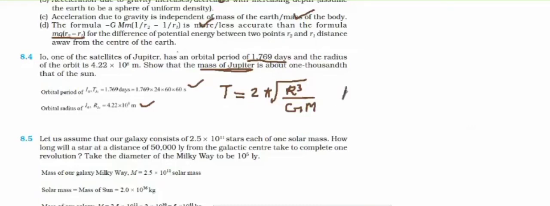You will get M is equal to 4 pi square r cube divided by G T square. Now substitute the values. You can find the value of M.